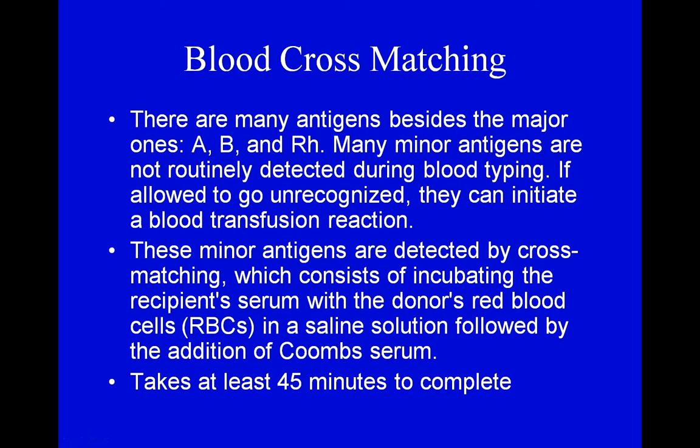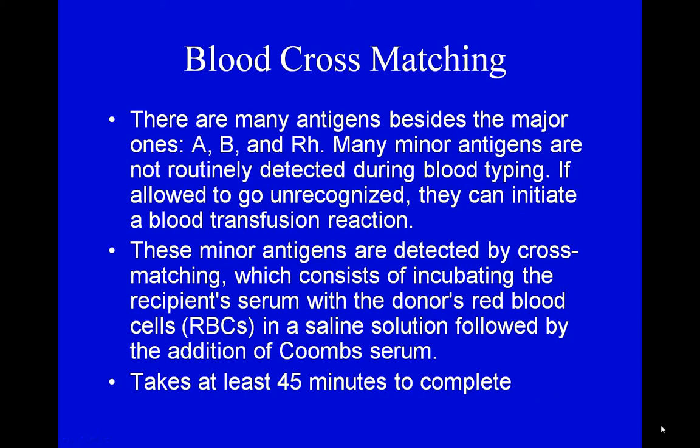It becomes harder and harder to match that person's blood because every time they've been given someone else's blood, there's a few small amounts of antibodies that enter their own bloodstream, and that would trigger their own immune system. So cross-matching takes about 45 minutes to complete.